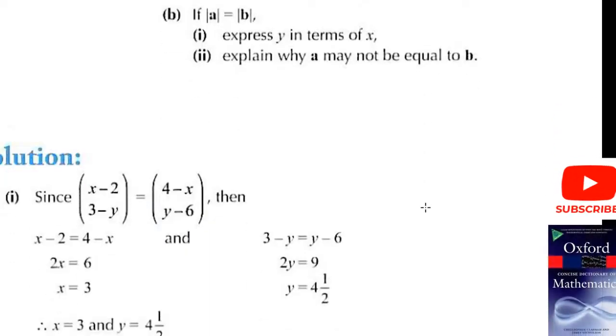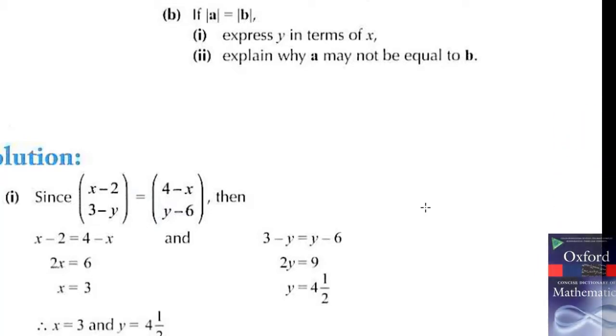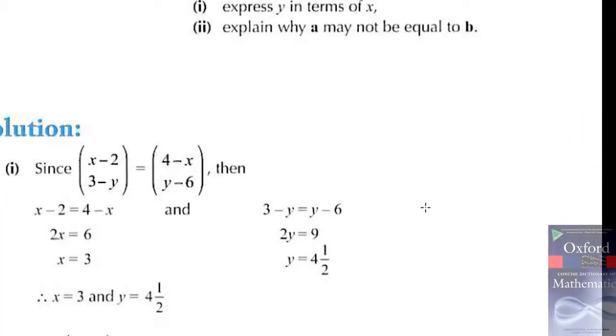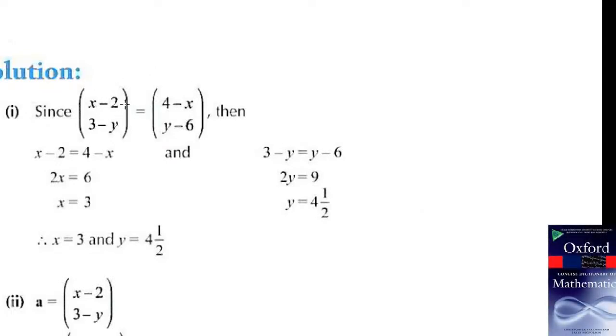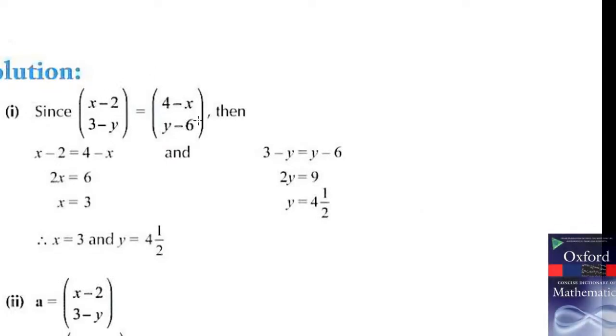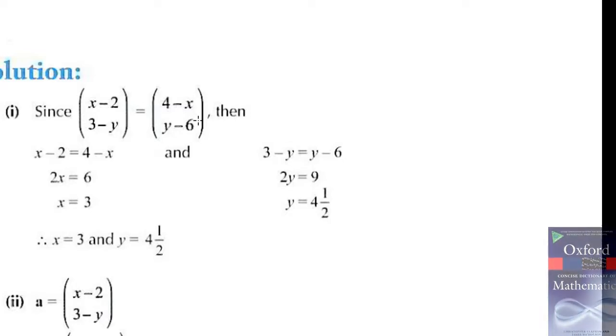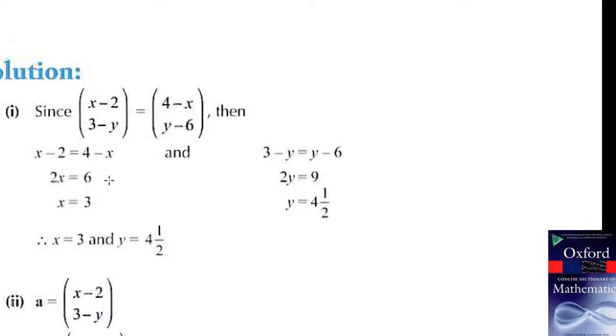Here we define the solution. Vector A and B are the same, so vector A equals vector B. So x minus 2 equals 4 minus x, and 3 minus y equals y minus 6.